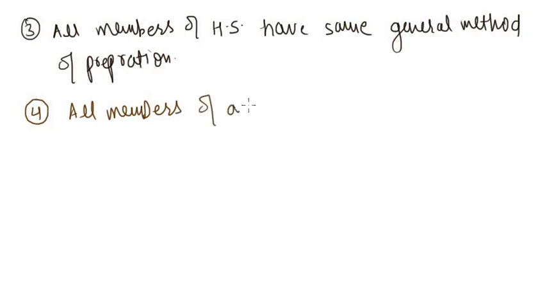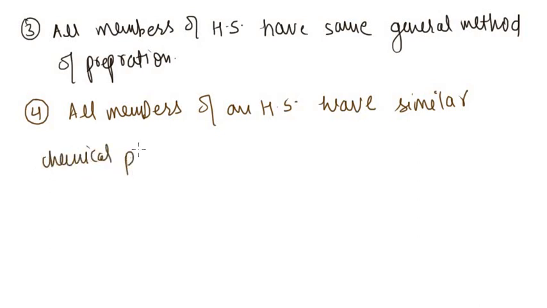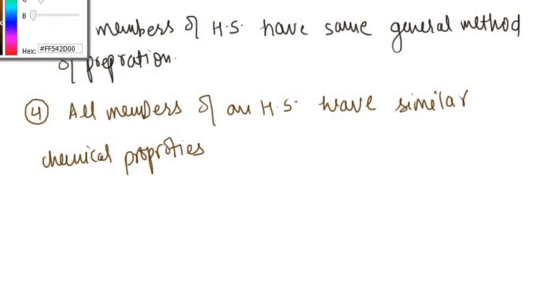All members of a homologous series have similar chemical properties, meaning they can react with the same reagent and form the same type of product, not the same product.